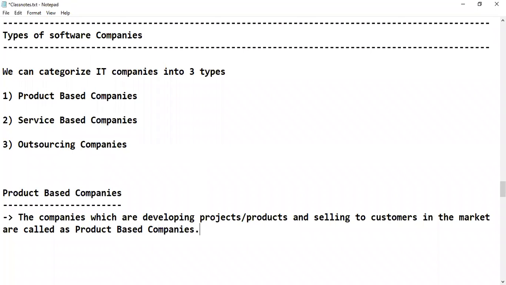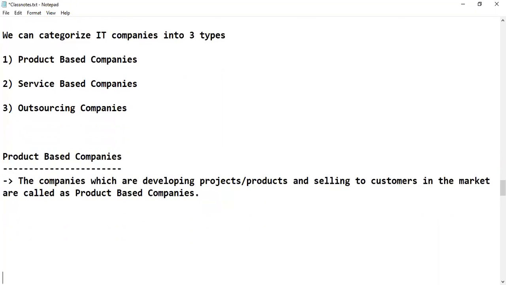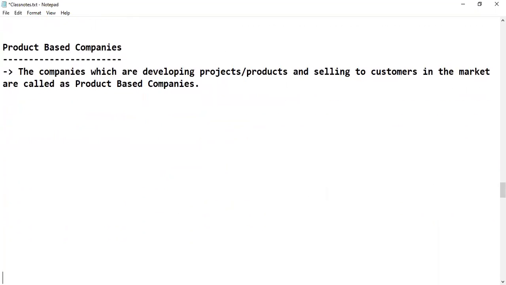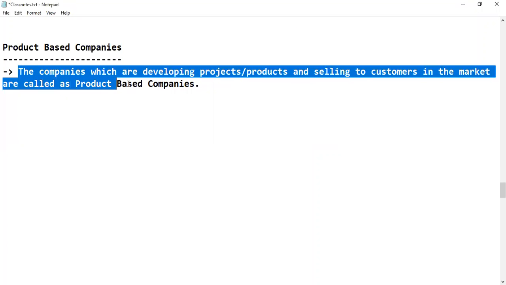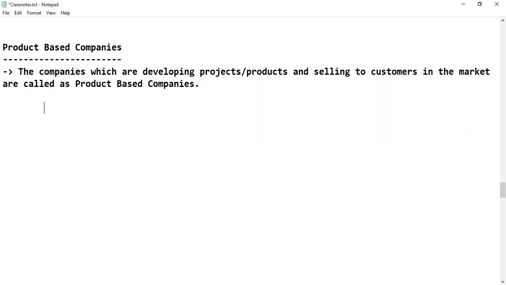Are you getting my point? There are a few companies in the IT industry. Those companies are going to develop the projects, and they are selling those projects to the customers in the market. Such kind of companies are called product-based companies.